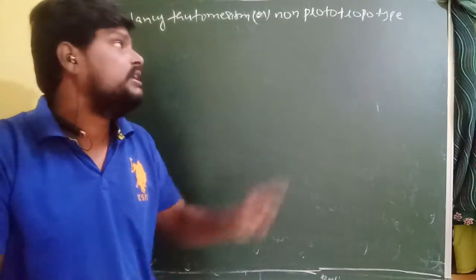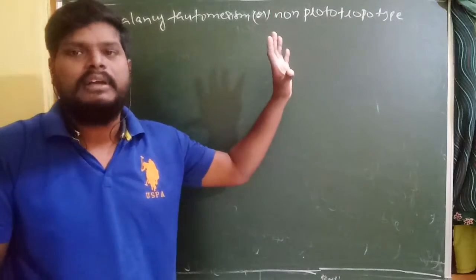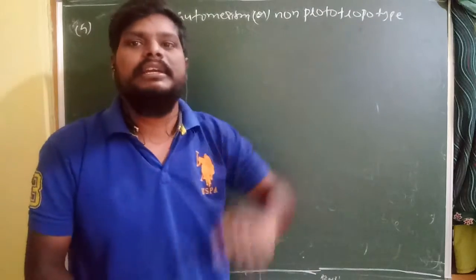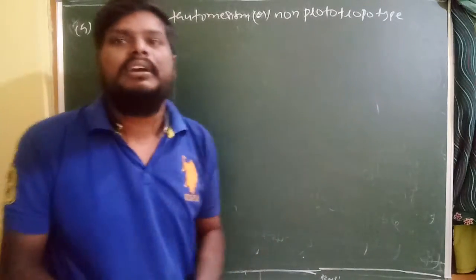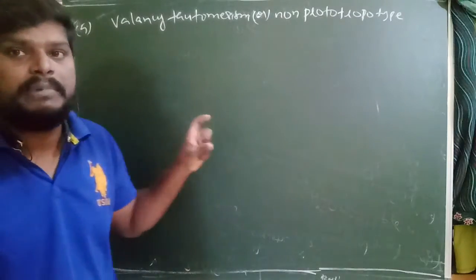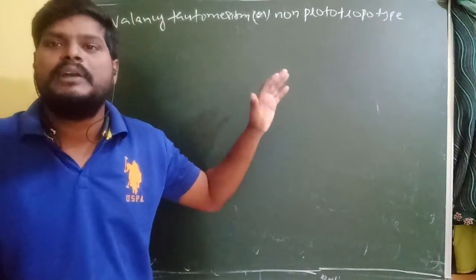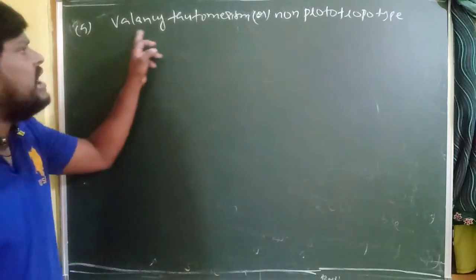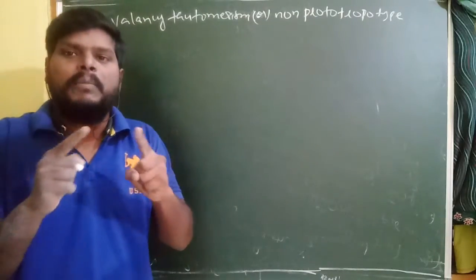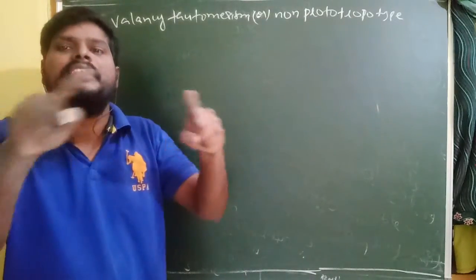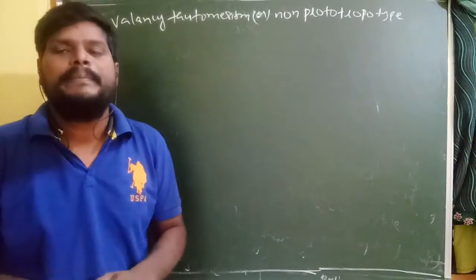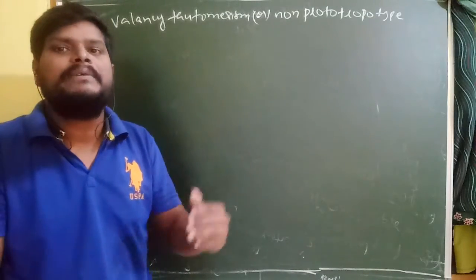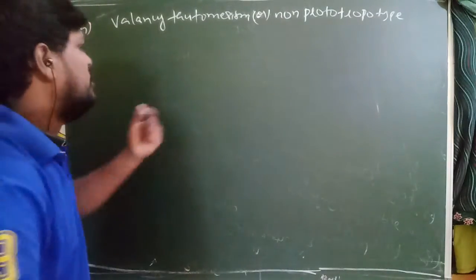Proton shifting is possible there, but here no protons are removed and no protons are shifted. That's why it is called non-prototropic; non means no proton transfer here. This is an important type of tautomerism, because here only the bonds are redistributed within the ring, and the distance between carbon and carbon decreases comparatively from reactant to product. Let us take one example.